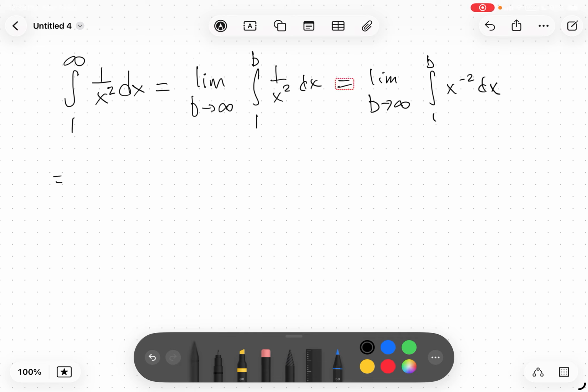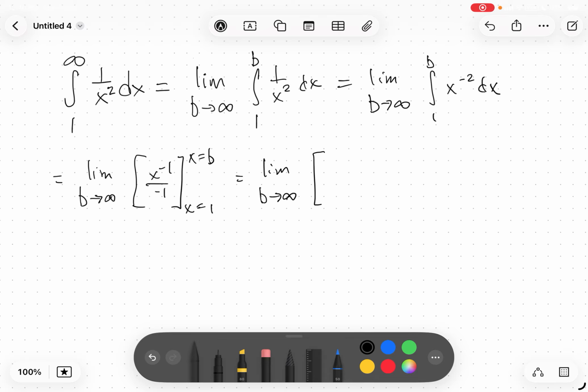So what that's going to wind up being is the antiderivative is going to be x to the negative 1 over negative 1. This is the formal way to work this out, right? We now know that x to the negative 1 is a fraction, right?